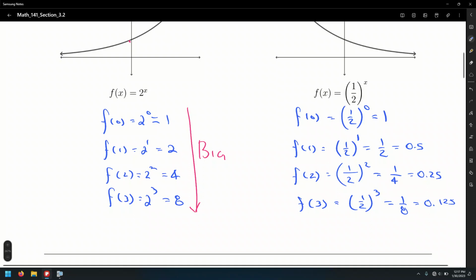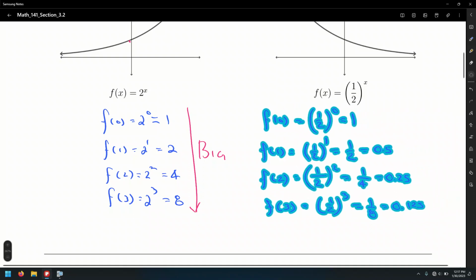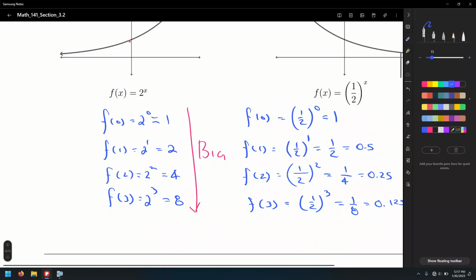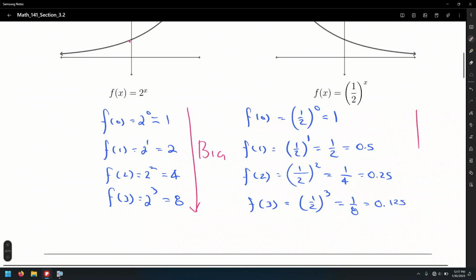Now, what's happening here? Let me make some space here. In this case, they get smaller every time. Like I mentioned before, there's actual formal vocabulary to this.